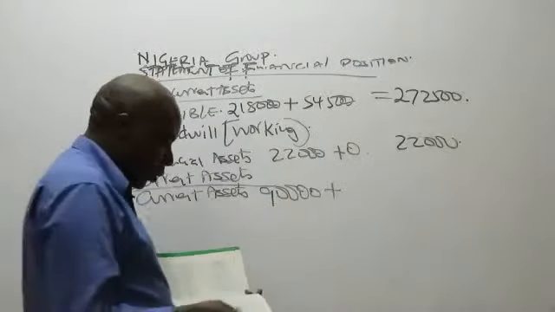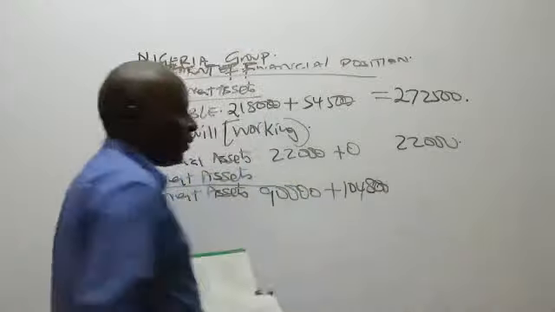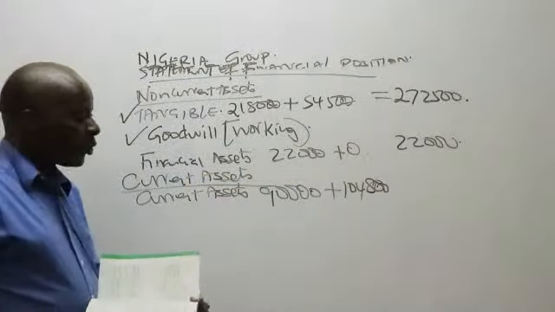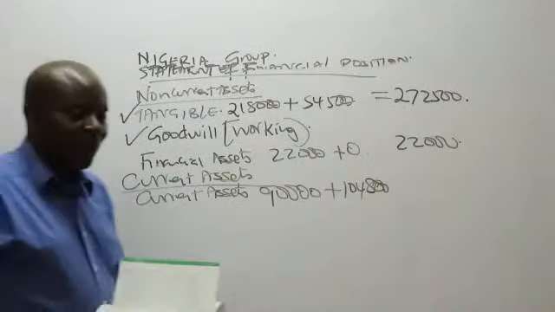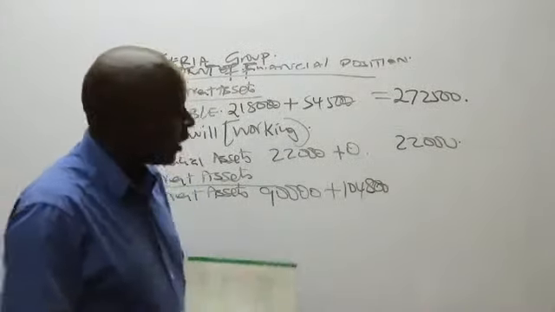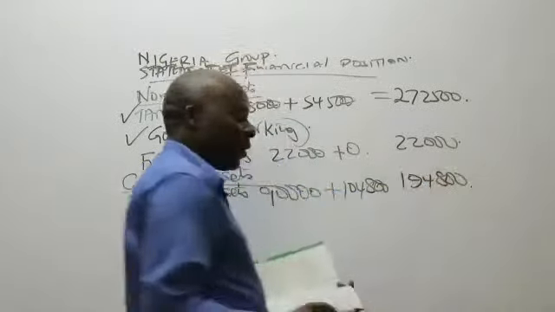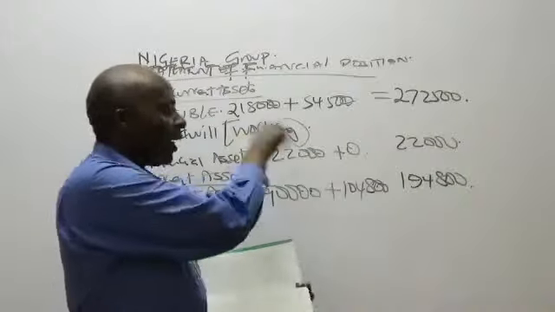Somebody's telling me it's 104,800. So the total figure here will be 194,800. Now, remember goodwill, I'll be doing goodwill later.